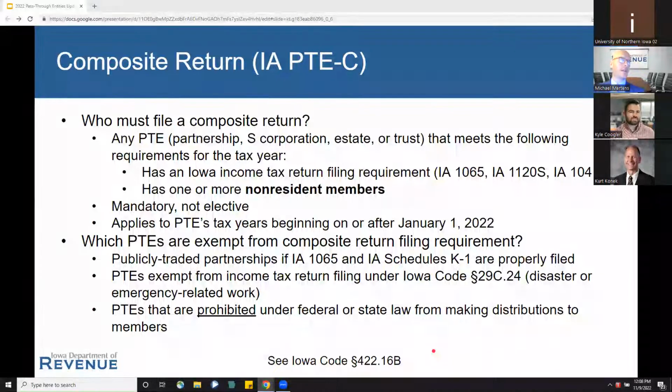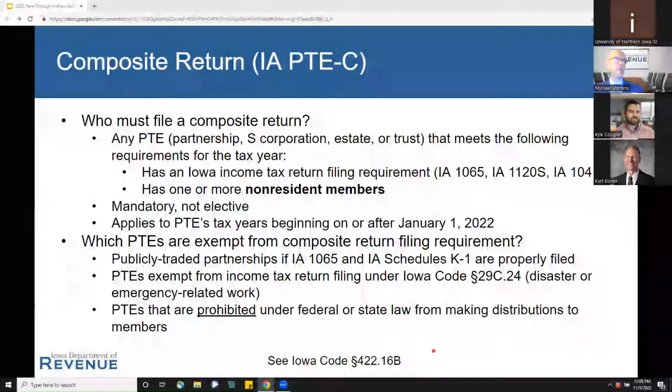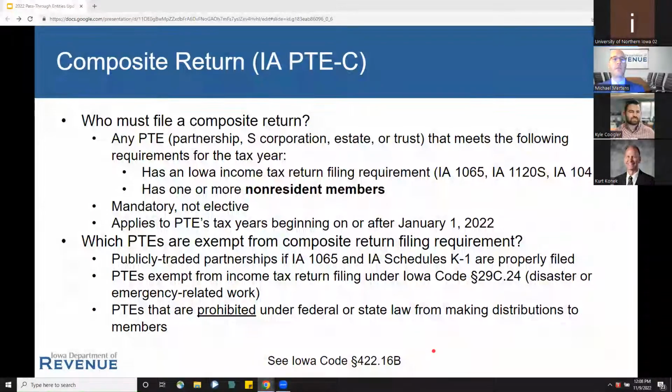Also exempt is any pass-through entity that is only in the state of Iowa temporarily for purposes of performing disaster or other emergency related work. This exemption is found in Iowa Code section 29C.24.